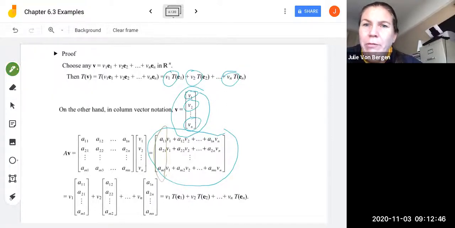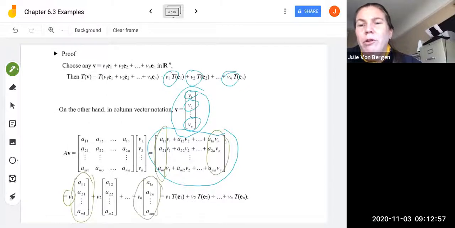So we could say v1 times the column a11 through am1, and similarly all the way through taking that last column to be vn multiplied by the column a1n through amn. And that's just v1 multiplied by the transformation on standard basis e1 all the way through vn multiplied by T acting on the standard basis en.